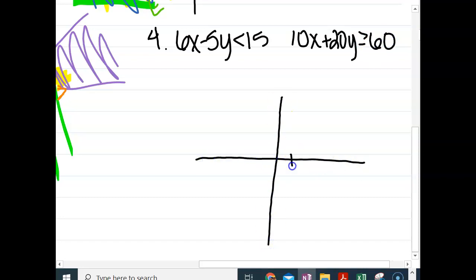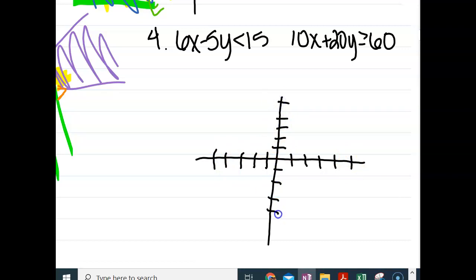Give yourself a little bit of room underneath your problems, because neither one of these is in y equals. So we're going to have to do a little bit of work for each one of these.